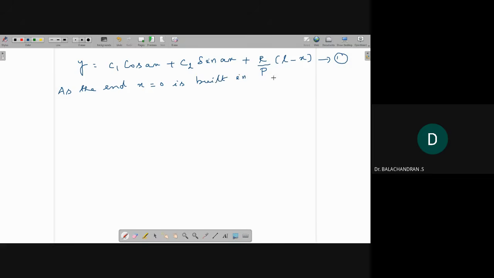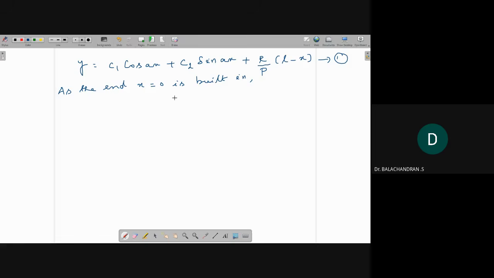What is the condition for a fixed end? y equal to 0 at x equal to 0 and dy by dx equal to 0 at x equal to 0. Yes, correct, Pragdish.